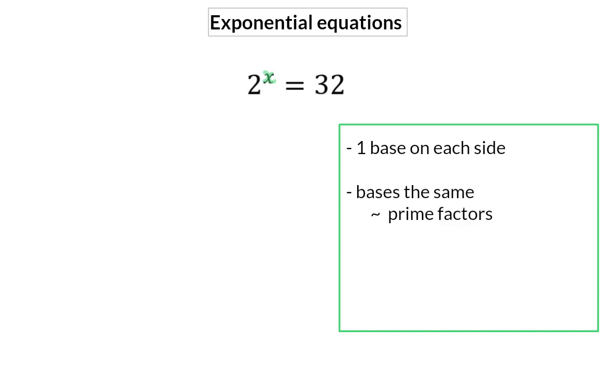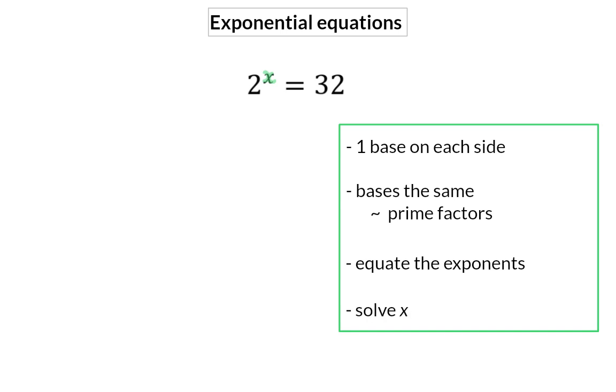This is usually done by writing the bases in terms of prime factors. When these bases are the same, you can make the conclusion that the exponents also have to be the same, and once you've done that, you can solve x.